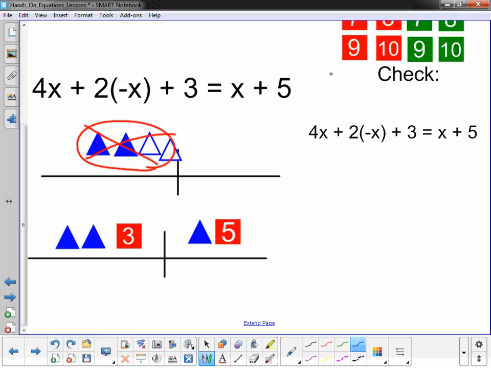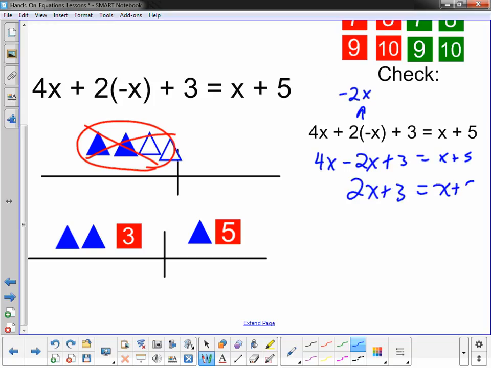So together, I can think of this as I've got 4x, and I'm supposed to take away 2x, because adding 2 of the opposites of the x's is the same as subtracting 2 of the x's. Either way I want to look at it. And then I have the plus 3 equaling x plus 5. So that gets me 2x plus 3 equals x plus 5. So it cleans it out. When I add the opposite of x, I am reducing the number of x's I have.